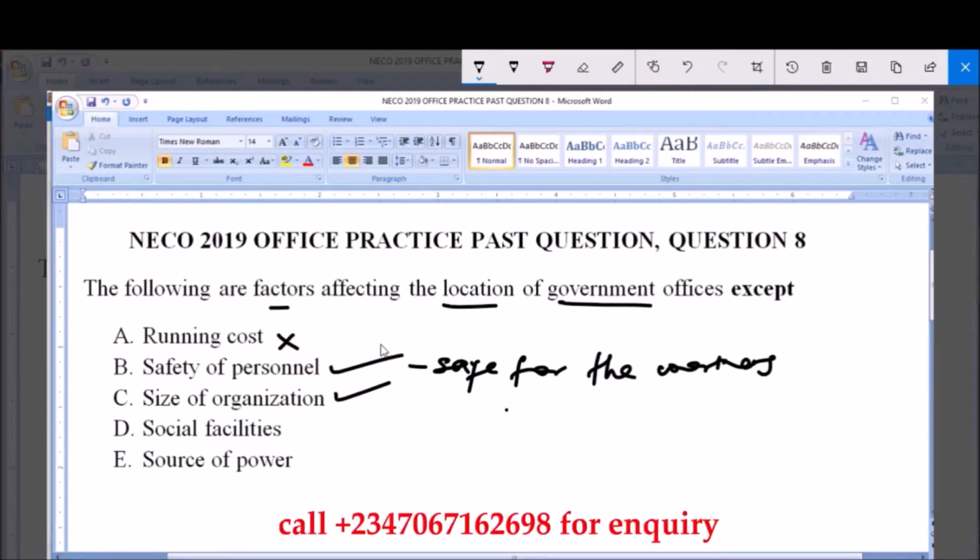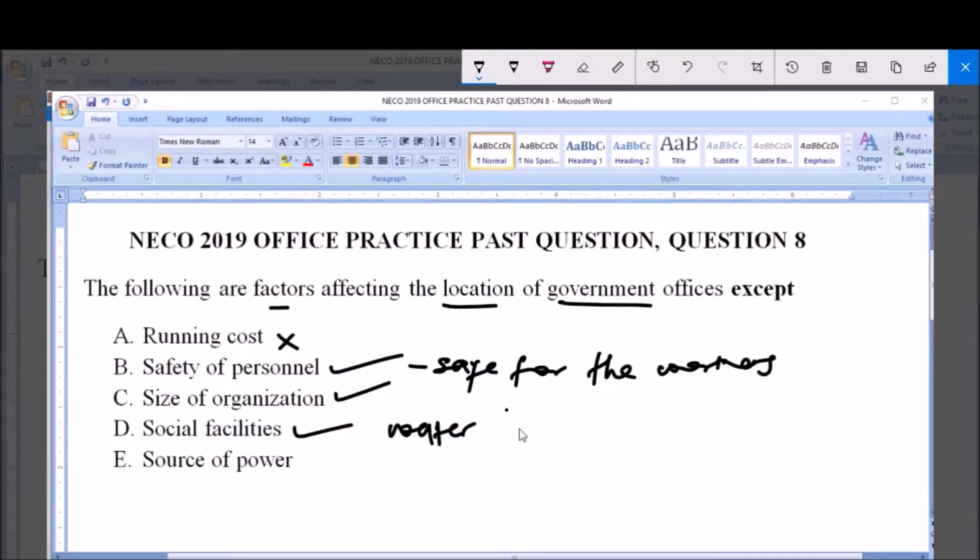Social facilities like water, because governmental offices have to be established in a place where social facilities are well available. And also source of power is very, very important, and it also affects the location of government offices.